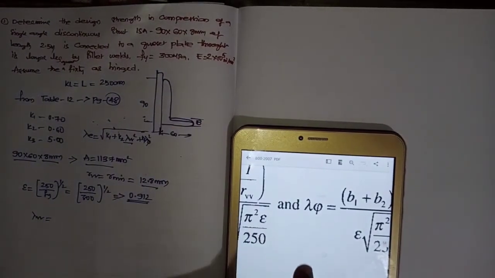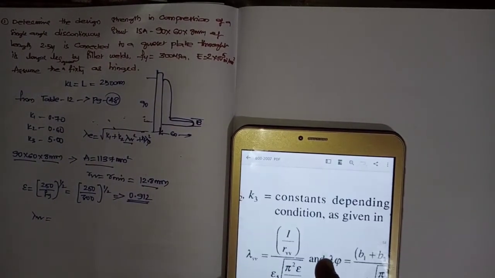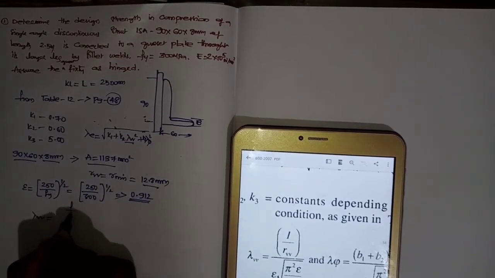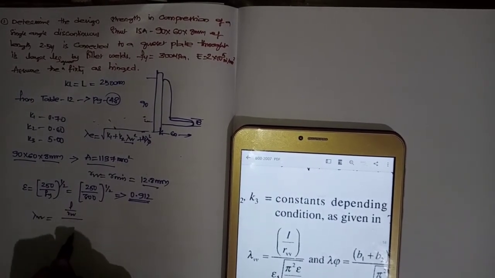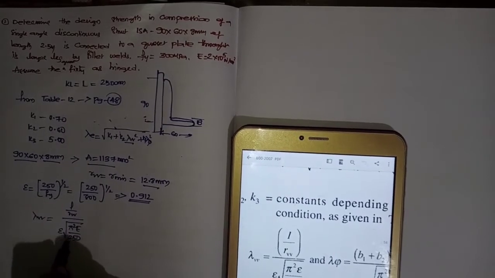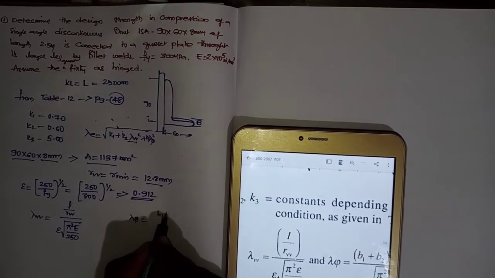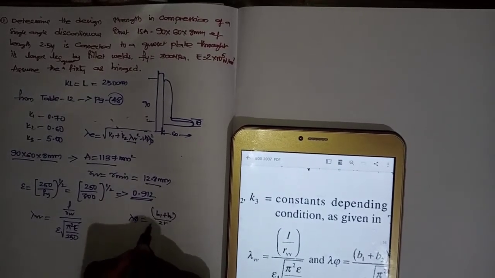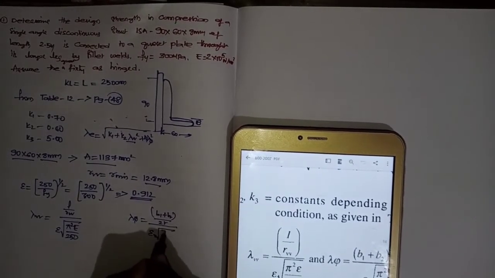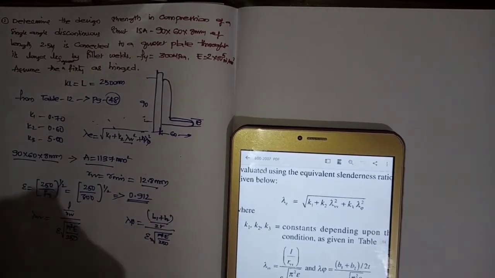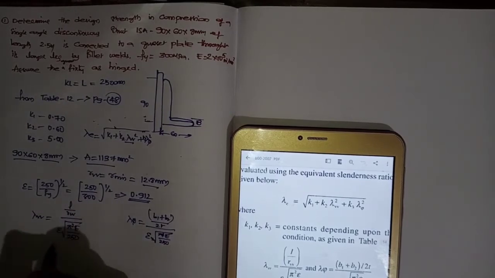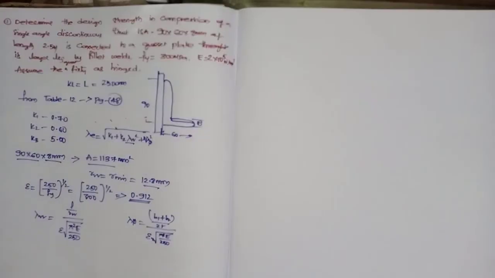Actually this light is getting disturbed because of this brightness. Lambda VV equals L by RVV by epsilon into under root of pi square E by 250, and lambda phi equals B1 plus B2 by 2t by epsilon into under root of pi square E by 250. Okay, right. Now first we will try to solve this one. I will keep this aside.